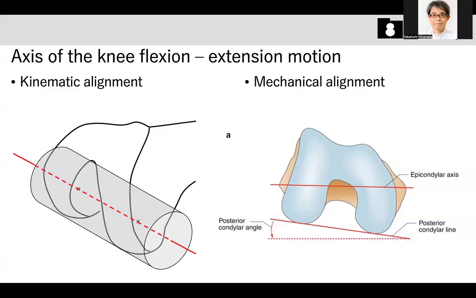Well, that is the difference. So most surgeons cut the femur in 3 degrees of external rotation. Or some doctors measure this posterior condylar axis angle on the preoperative CT and reflect this angle intraoperatively.